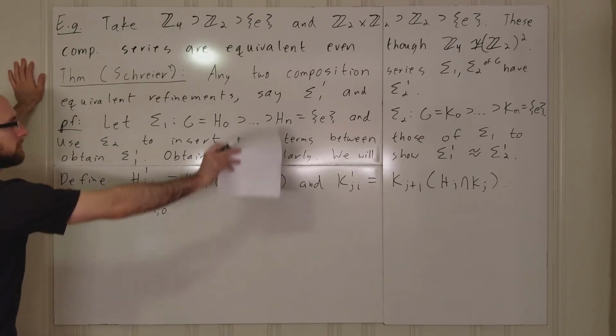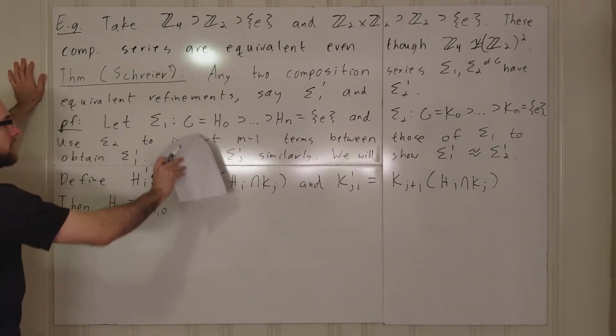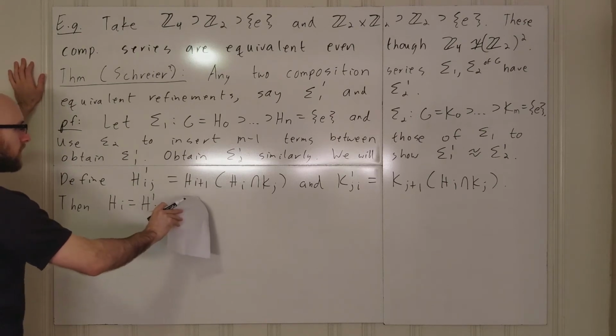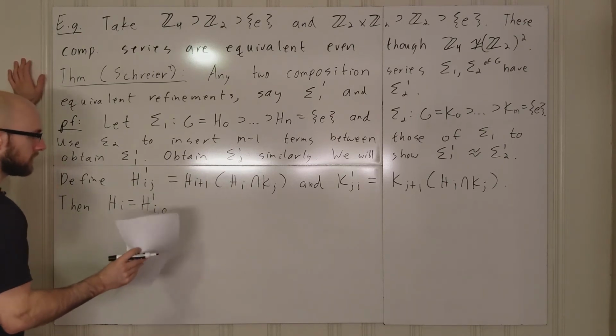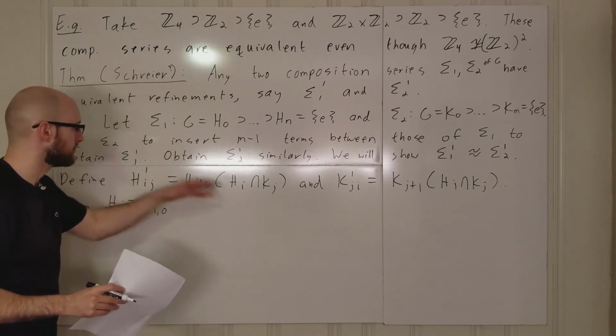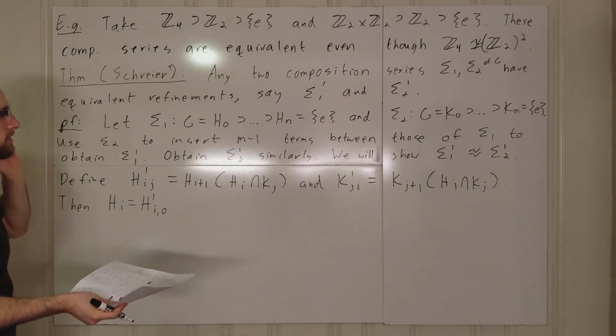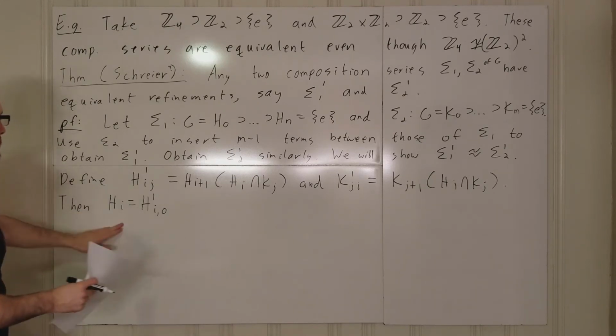Well, what's K_0? K_0 is G, so this is just H_i. So this is going to be H_(i+1) times H_i, but H_i is a subgroup of G, and so this is just going to be H_i. And that's exactly what we have here.